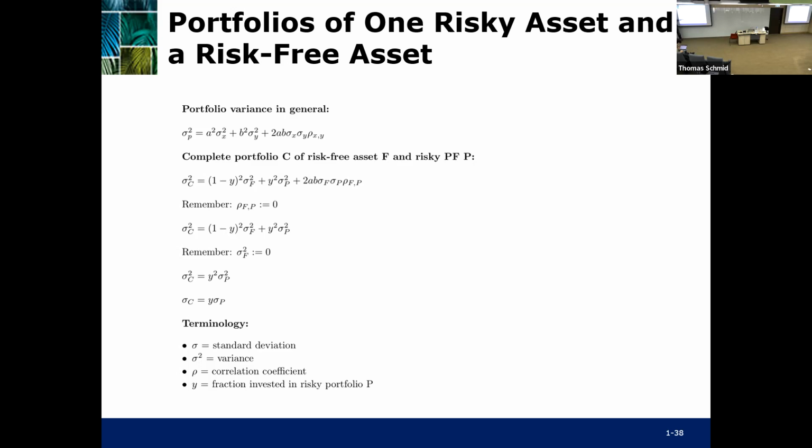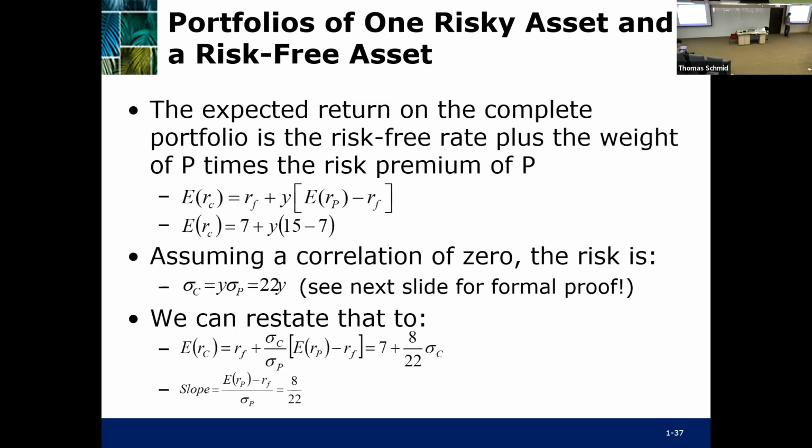So then this term here goes away, and we only end up with this term. So then sigma C squared is Y squared times sigma P squared, so the standard deviation is simply the standard deviation of the risky portfolio times Y. Okay? Very simple. As long as we remember that the correlation between F and P is zero, and the risk of the risk-free asset is zero.